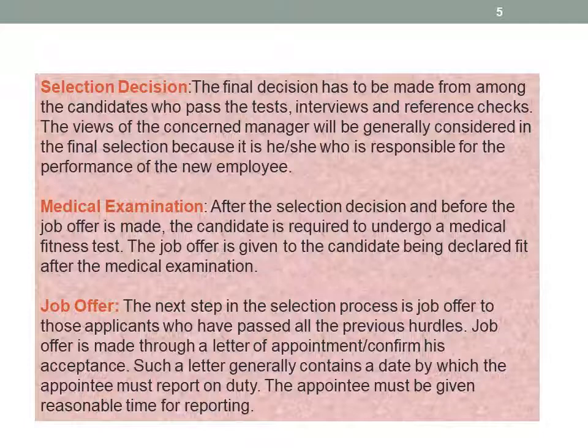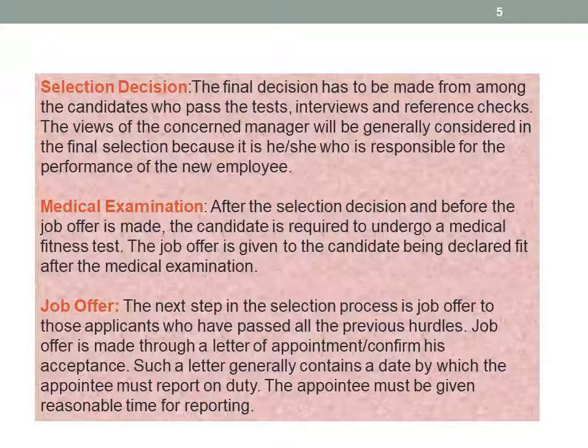And what will be the next step? That will be the medical examination. The candidates will be asked to go for the medical examination. Then if they are declared fit, the job offer is made.